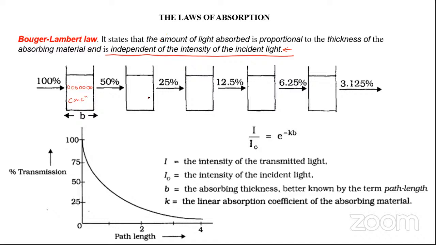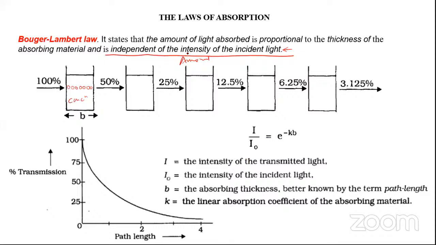So do you believe that it is actually independent of the intensity of incident light? Did you get the question? Let me solve it for you. What we mean by intensity is basically the amount of light.